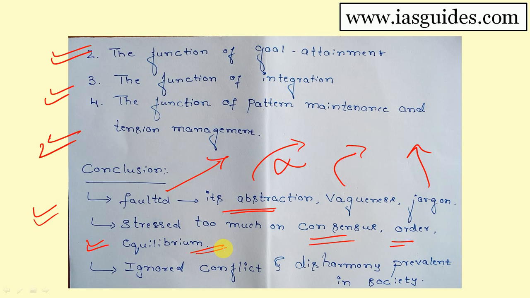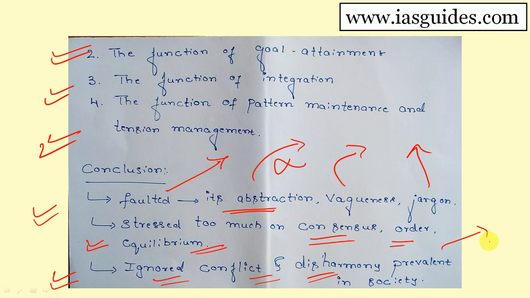And also, many of the sociologists tell that Talcott Parsons ignored the conflict perspective as well as the disharmony which is present in every society. Conflict, definitely there will be a conflict perspective. We cannot always talk about the functional perspective. Conflict perspective is also part and parcel of the system. If somebody is benefiting, it means definitely others are not benefiting. That thing he does not take into consideration.